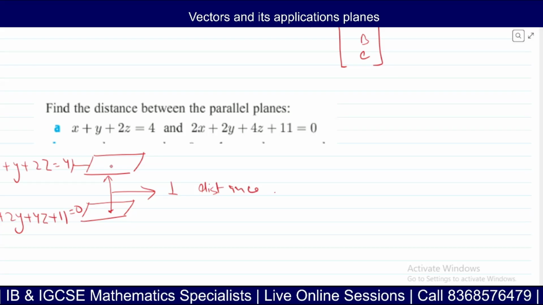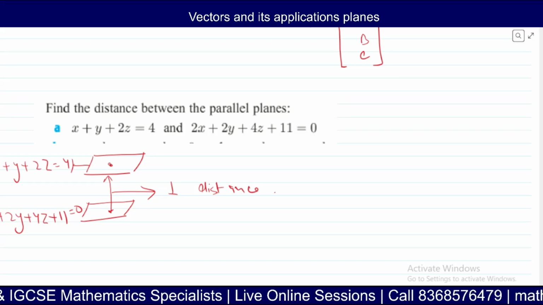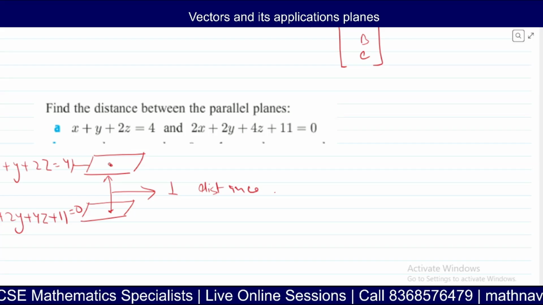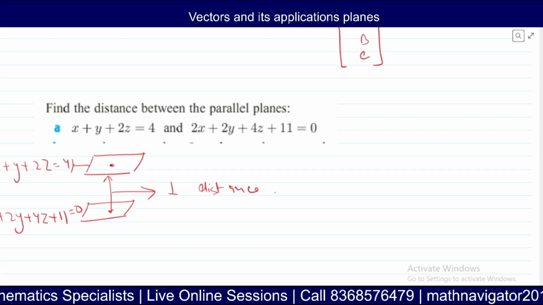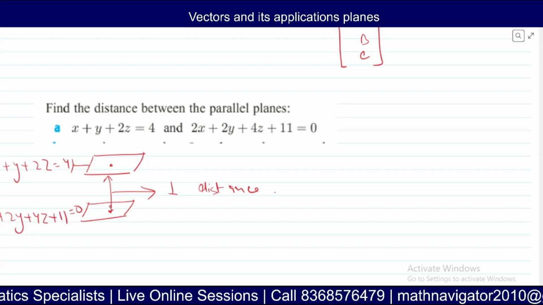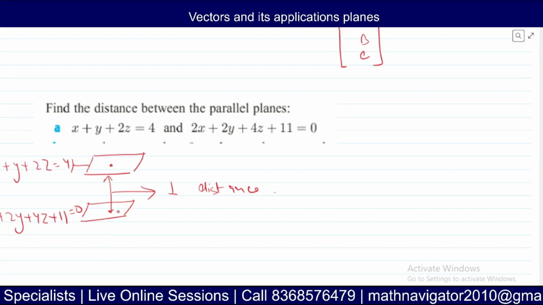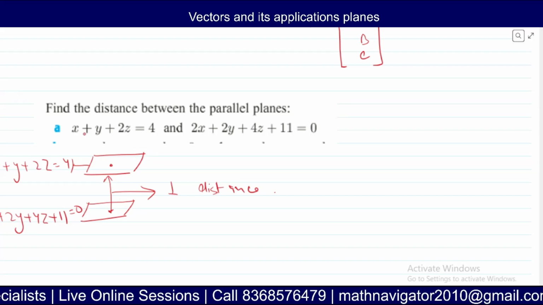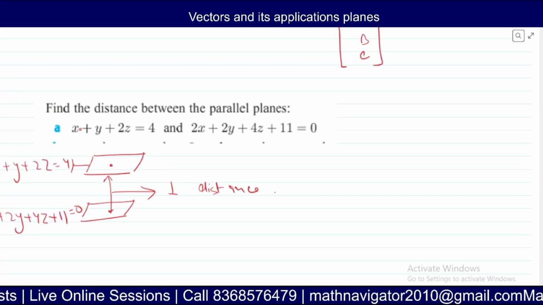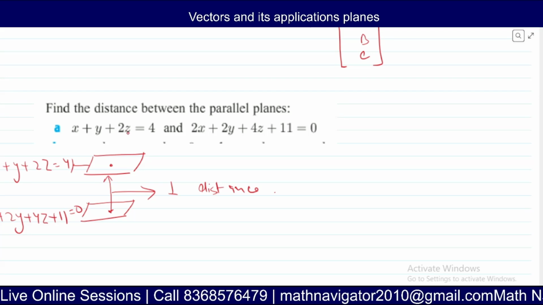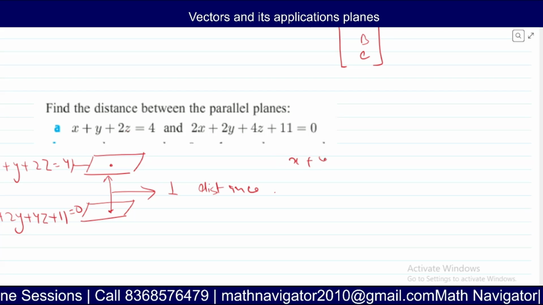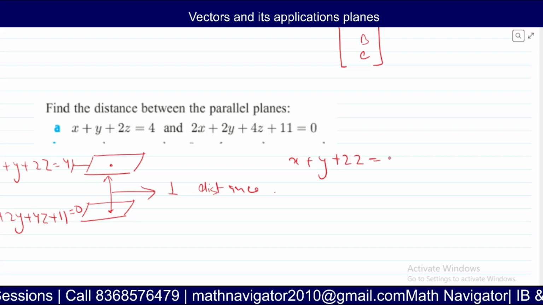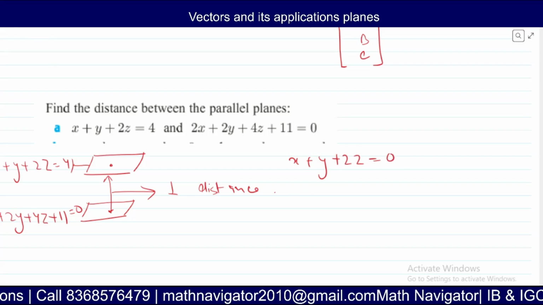So what I can do is find a point. This is any random point, right? And when I find this point, it becomes something like the distance of a point from a plane. I can use any point, so I can put x as 0, y as 0, z as 2. So x plus y plus 2z is equal to 4.